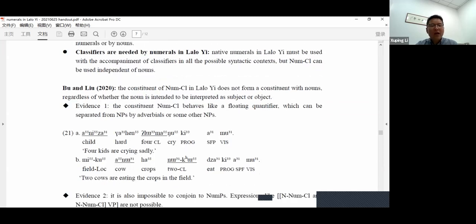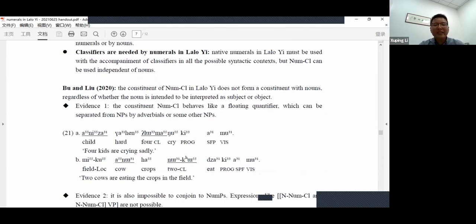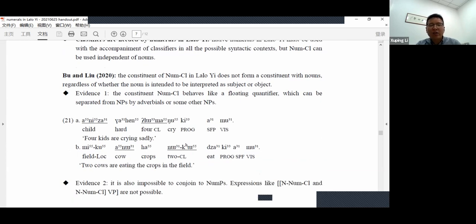There is a very important observation made by Bu and Liu in 2020. The numcla phrase in Lalo doesn't form a constituent with the NP, no matter whether the noun is interpreted as a subject or object. Actually, this language is an SOV language.